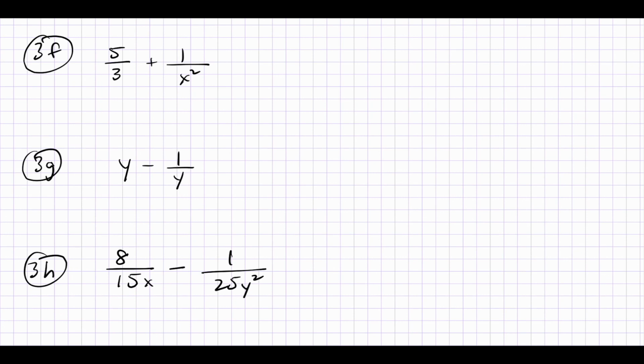Add or subtract them depending on what they say. I'll give you some time to do those, then we'll go over them.